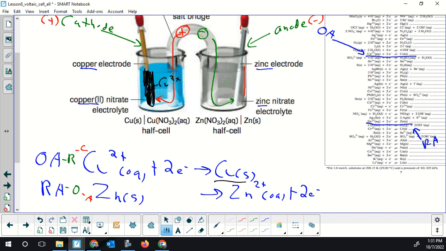The ions are blue. Copper 2 is a nice blue, and they're going away. So you would see the blue color fade away as the cell runs. Now I can't really draw the fading of a color on the diagram, so I'm not going to label that. So blue fades away, the electrode gets heavier, gains copper mass.